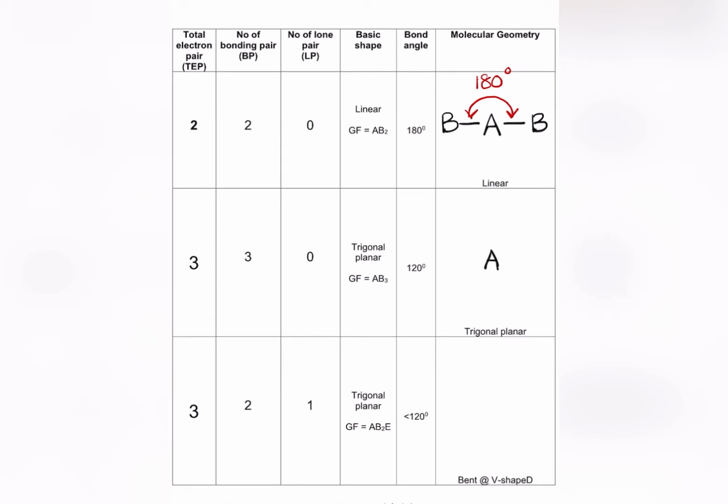So my central adalah A. And after that, I bonded with 3 bonding pairs attached to 3 terminal atoms. Dan ini adalah bentuk di mana you have to draw seperti segitiga. As you see here, seperti segitiga. Dan sebab itulah nama shape ini adalah trigonal planar. So awak kena memorize this one.